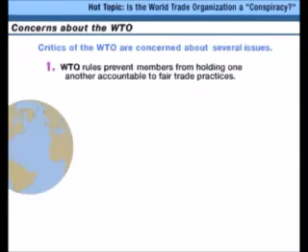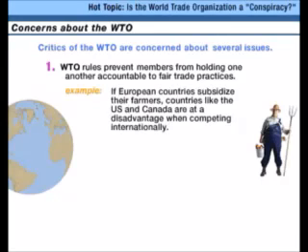In particular, the concern is that some countries actually subsidize their domestic industries to make them more competitive internationally. That is, if the European farmers are subsidized by their governments, they're able to export their agricultural products at lower prices than, say, U.S. farmers or Canadian farmers can, and therefore their farmers have an unfair advantage in international competition.